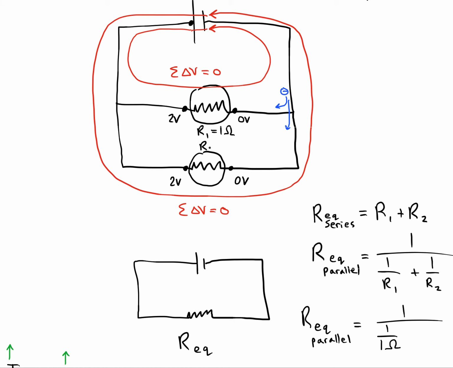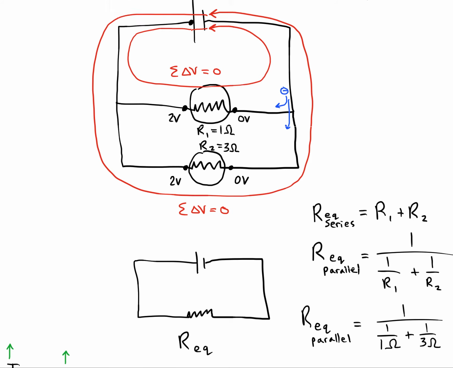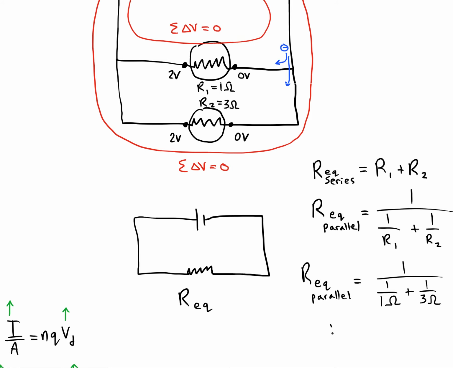And the bottom one was 3 ohms. So we'll have that. All right, our R EQ comes out to 0.75 ohms. As you can see, it is less than either of the 2 bulbs alone.